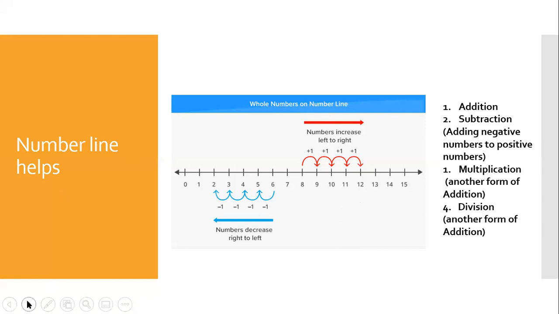Can you all hear me well? Yes, ma'am. So you remember the number line, children? Yes, ma'am. What is the number line? It is a straight line on which we find all the possible numbers, right?